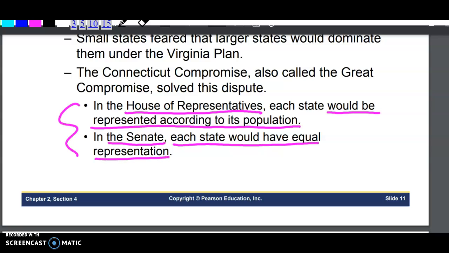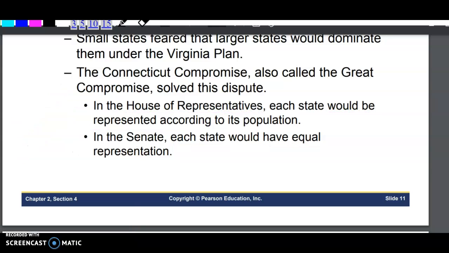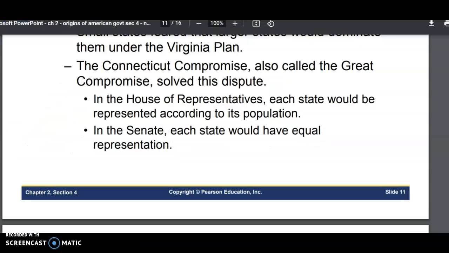This is what we do now. We elect the House of Representatives based on state's population, and in the Senate, each state gets 2 senators to represent them. So there's equal representation in the Senate, and in the House, it's based on your state's population. So the Connecticut Compromise, also known as the Great Compromise, is what we do today.